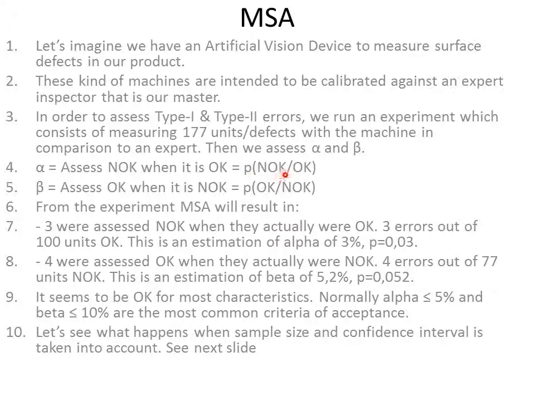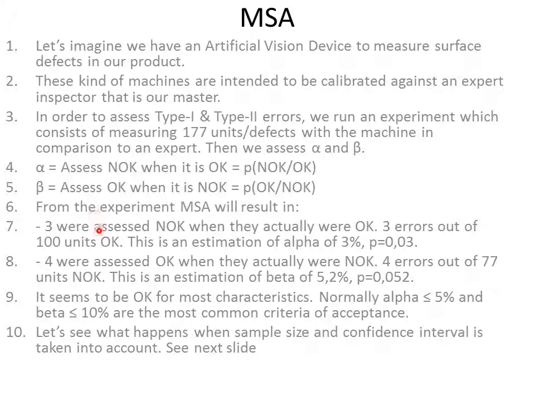This is the proportion of not-OK parts measured by the machine as not OK, and so they are evaluated as not OK when these were not-OK parts. And beta is the other type of error, that are the parts assessed or evaluated as OK from the total amount of not OK.